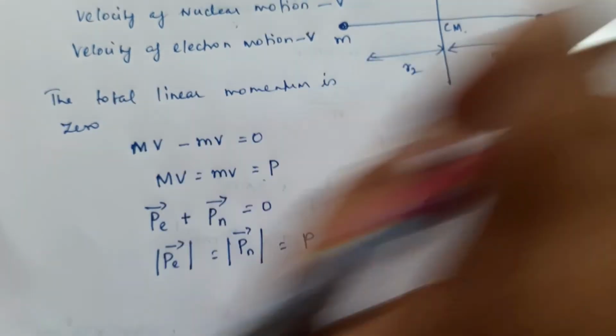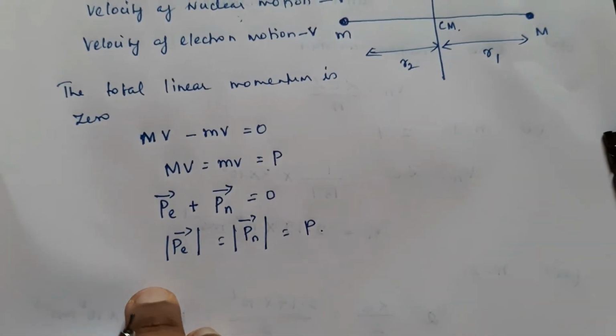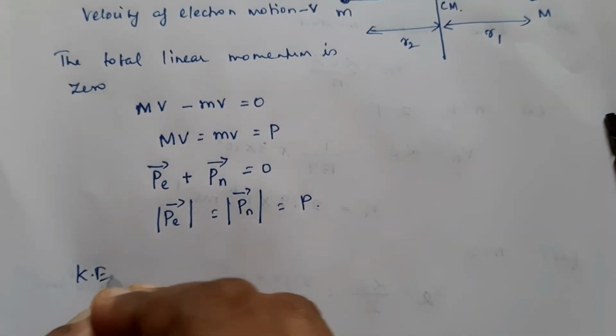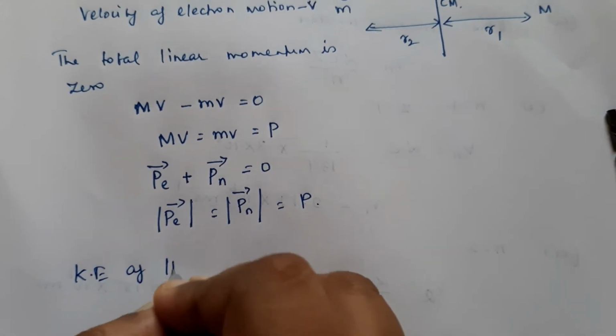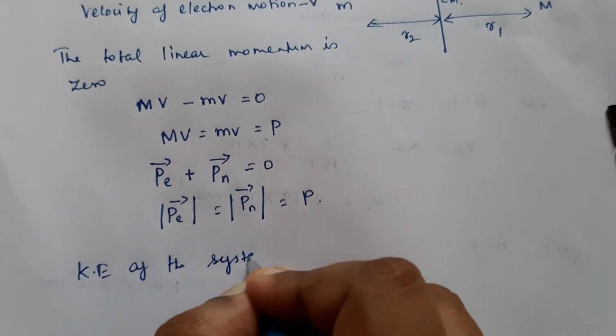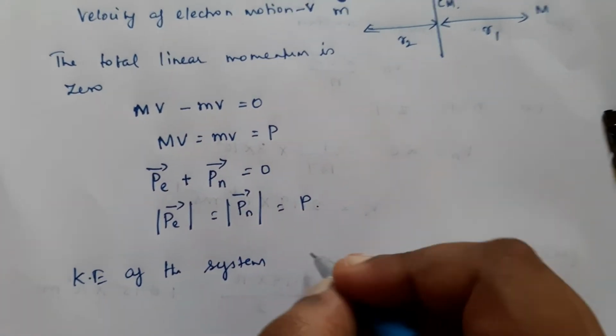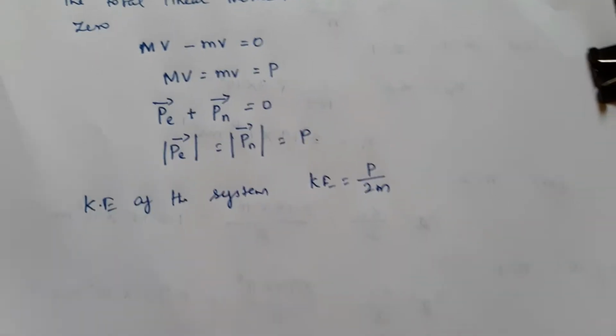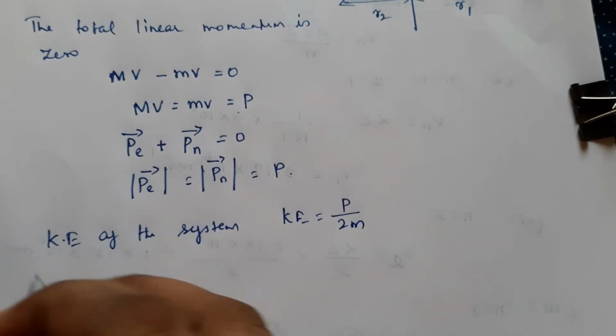We can take here that the modulus of both is the same. Now we can go for finding the kinetic energy of the system. What is the relation for kinetic energy? Kinetic energy is given by p square by 2m, the relation connecting momentum and kinetic energy.